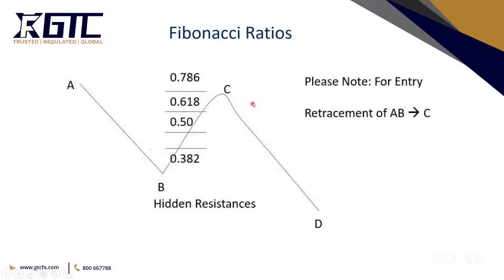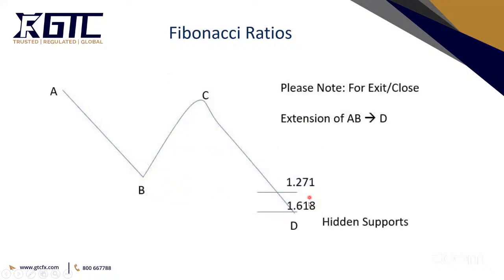Again, for finding C, we have to find the retracements of the AB boundary. The ratios of retracements are 3, 5, 6, and 7. So 38.2%, 50%, 0.618, and 0.786. If the market wants to continue lower, it will bounce or turn from any one of these ratios.